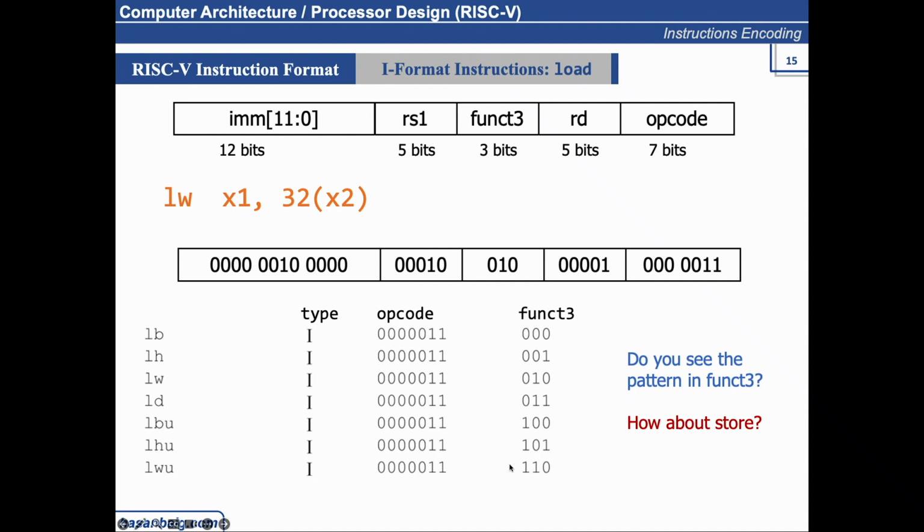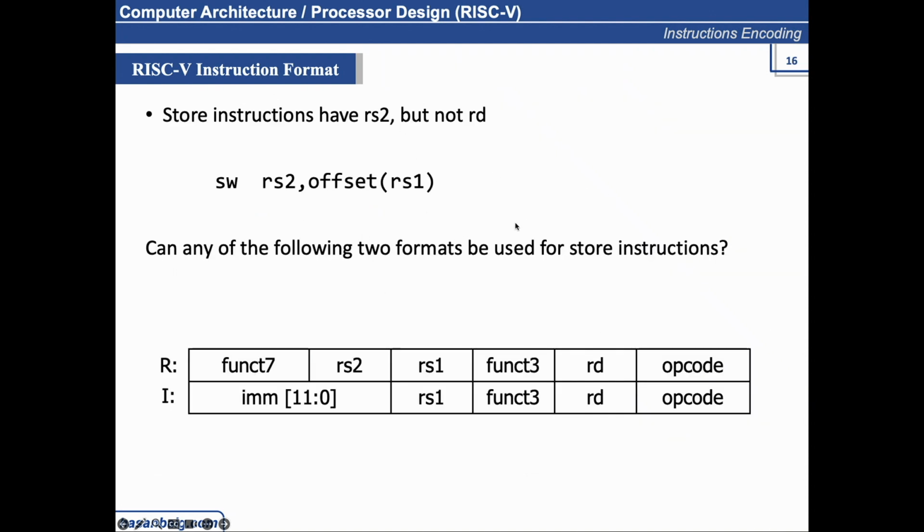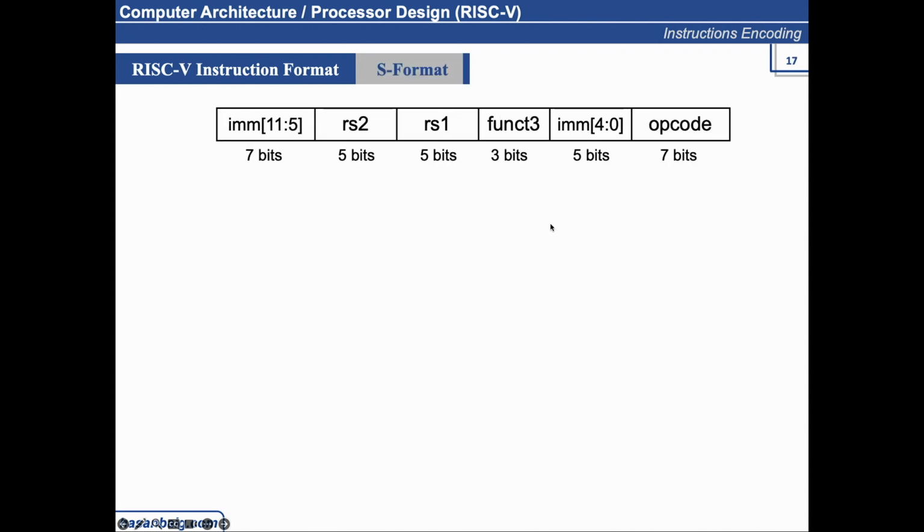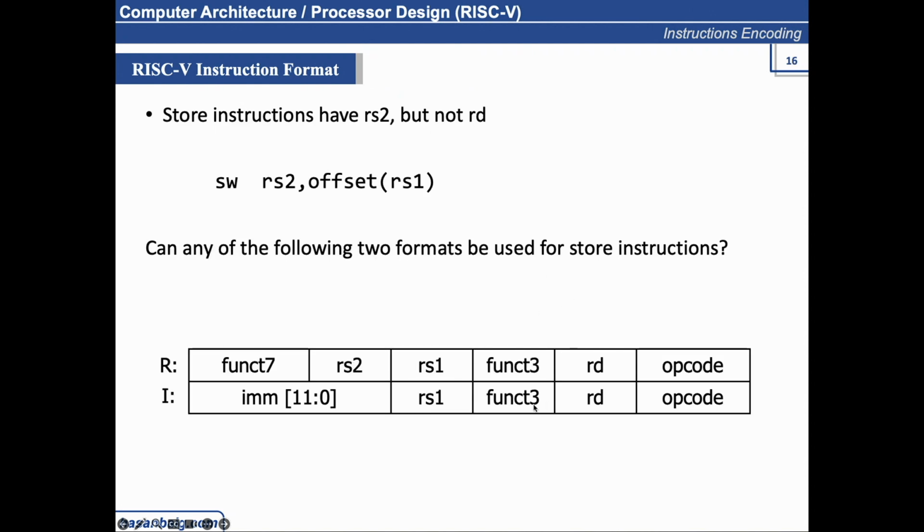So we cannot use this format because in this format we have RD and RS1. So this is the format for store instruction, and what we can do here is use the RD field for splitting immediate data.